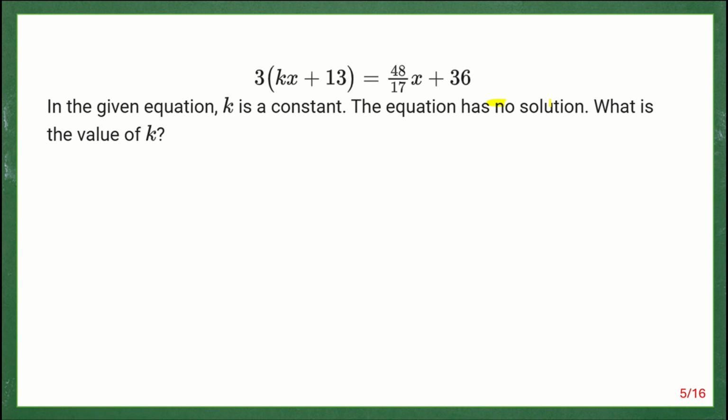So this doesn't have any solution, and we have to figure out the value of k here. Now, whenever they say that the equation has no solution, it means that whatever value of x you put in this equation, the two sides won't be equal to one another. So the right hand side won't be equal to the left hand side of the expression.